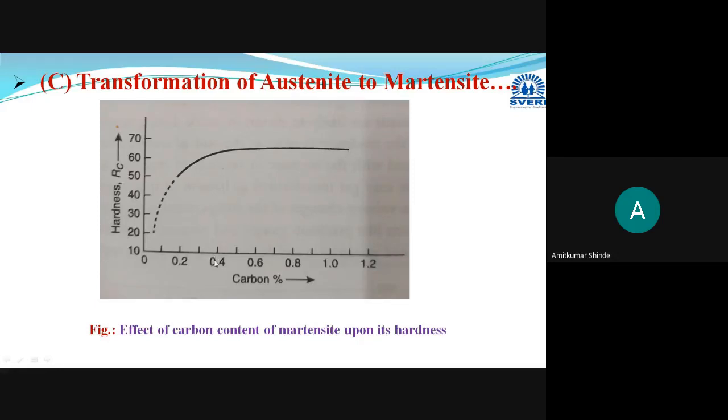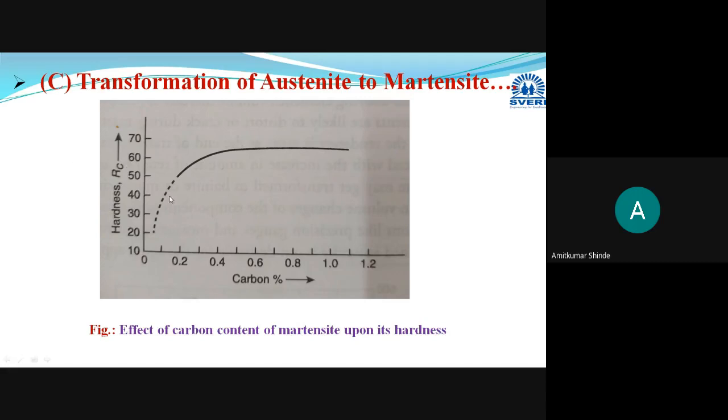Whenever a high amount of carbon is there, the hardness values are very high. This portion is shown dotted, and this is the low carbon steels. In plain carbon steel, low carbon steel has carbon percentage less than 0.3%.